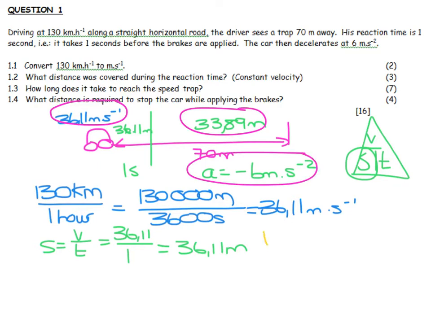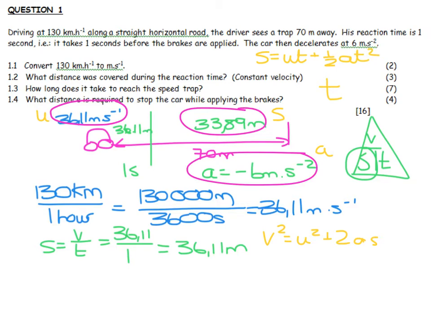So v squared is equal to u squared plus 2as. I'm just going to go on a little pause here. I've got a distance, I've got an acceleration, and I've got an initial velocity, and I'm interested in the time. That's what they want. If I put that in, s is equal to ut plus a half at squared. What happens is I land up with a quadratic function because u is not 0.